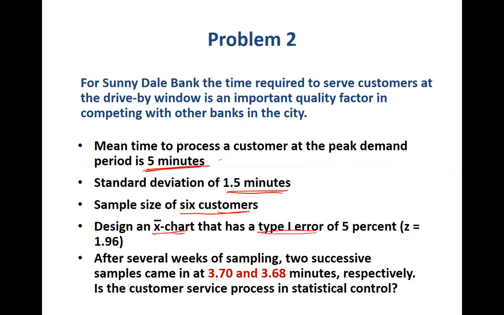But what we are comfortable with in this particular case is that the error should not exceed 5%, which means that we should be 95% of the time correct in identifying a process which is not in control. And there could be 5% of the time when we incorrectly identify that the process is not in control when it actually is in control.